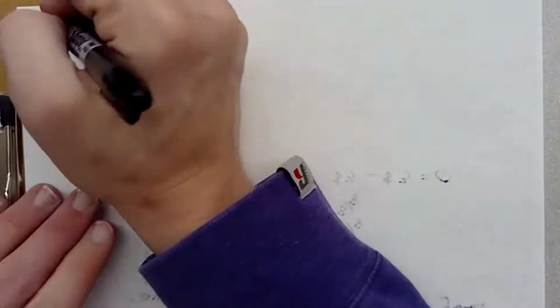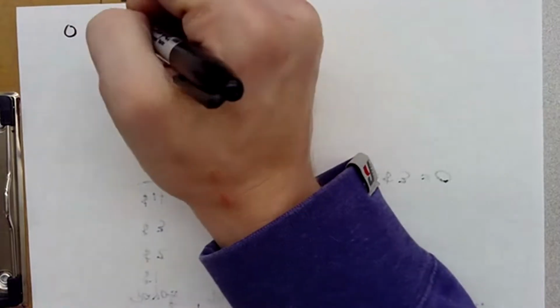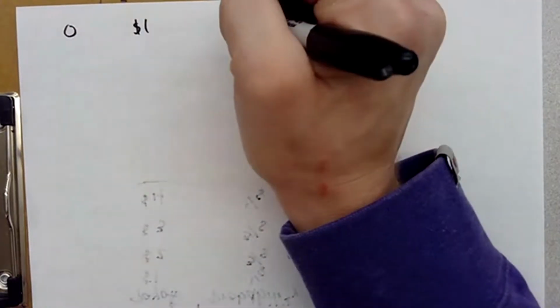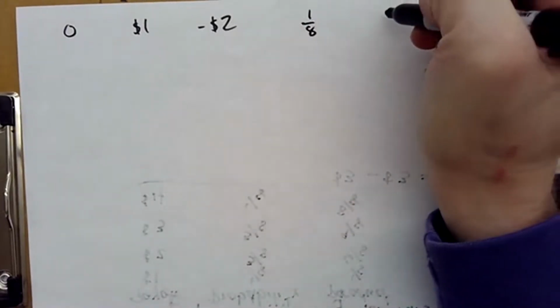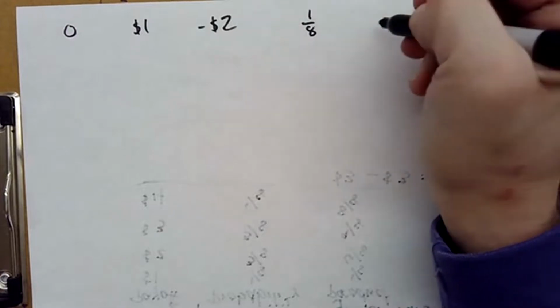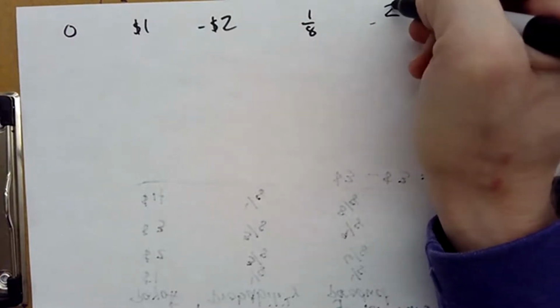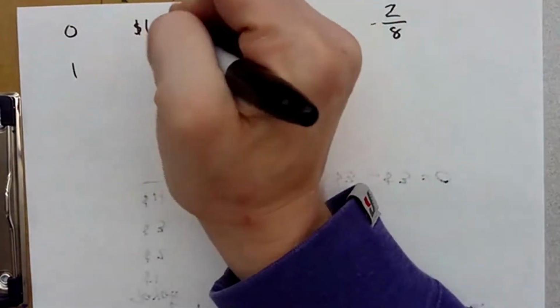So for 0 heads, we got $1, but we lost $2 in the process because we paid 3. So we take that 1/8 and multiply it by the -2 and get -2/8. And then we do the same for 1 head.